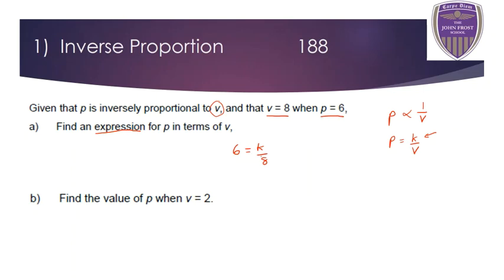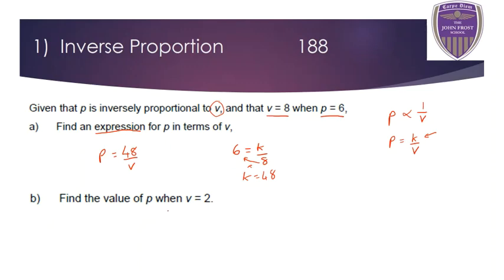We can now solve this to find the value of K. We would multiply 8 by 6, so K would equal 48. So the expression that we're looking for, P in terms of V, is P equals 48 over V. And that's the expression that we are looking for.